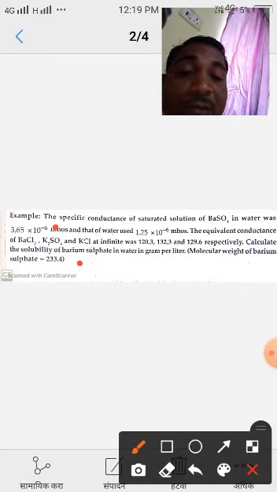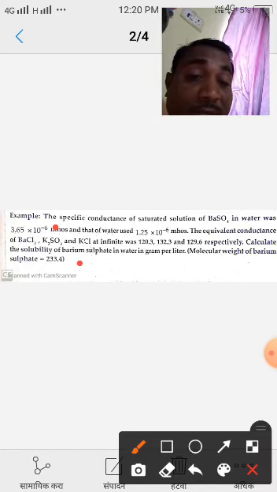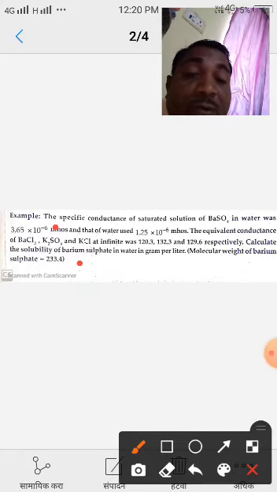Here we have to find out the value of solubility of barium sulfate in water in gram per liter, and the molecular weight of barium sulfate is given as 233.4.